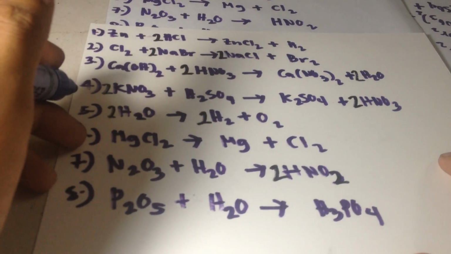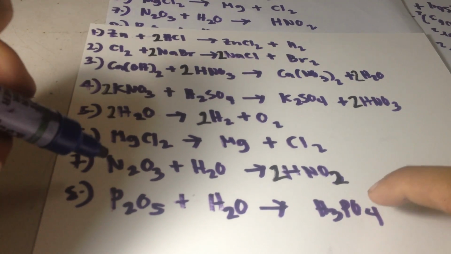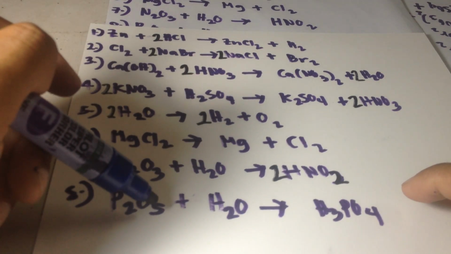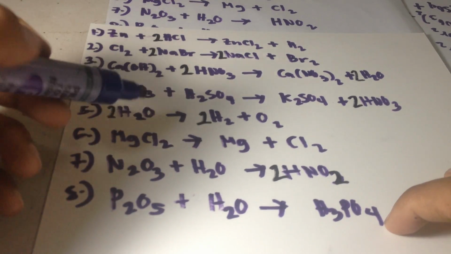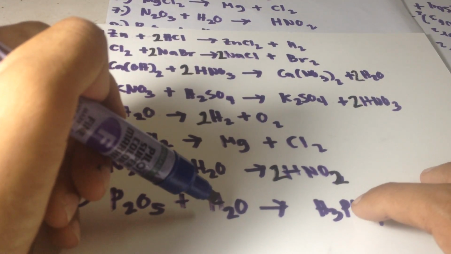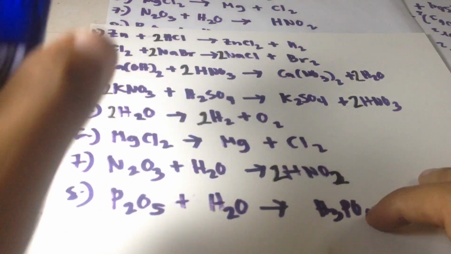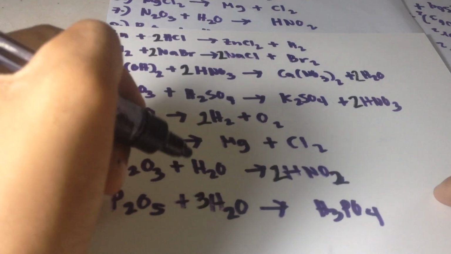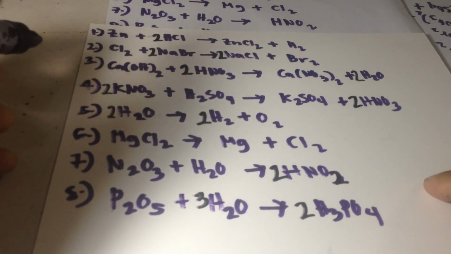Phosphorus has a 2 subscript here and phosphorus here has a 1 subscript, so it's not the same. Oxygen has 5 plus 1 which is 6, and oxygen here is 4, and hydrogen here is 2, and hydrogen here is 3, so it's not balanced. So you need to multiply by 3 in water and 2 in phosphoric acid, so it's completely balanced.